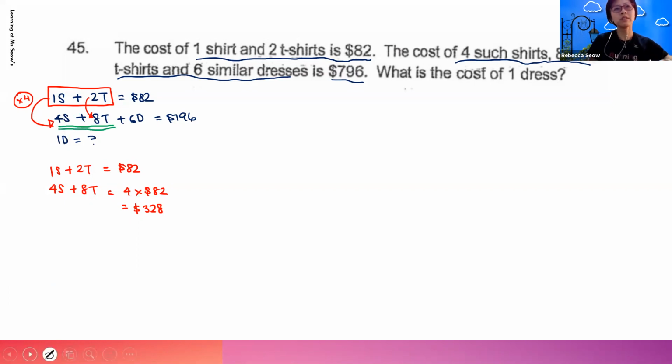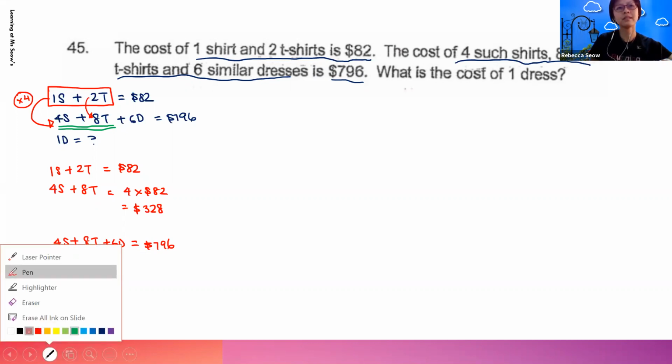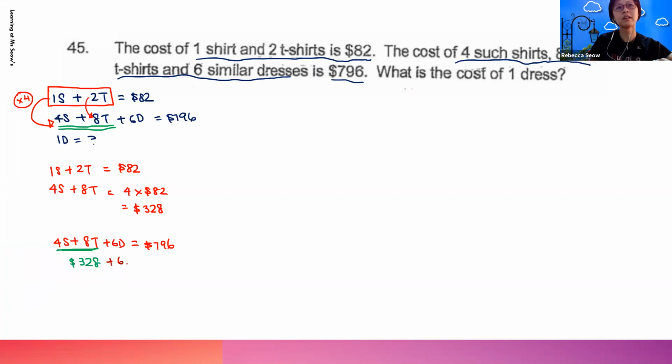Now, if I were to write the second line down again, instead of 4S plus 8T plus 6D equals 796, I am going to replace 4S plus 8T by 328.